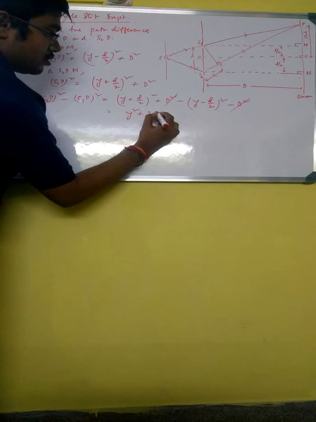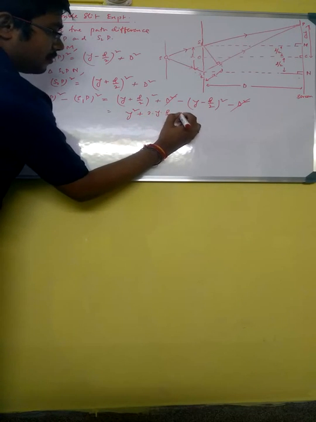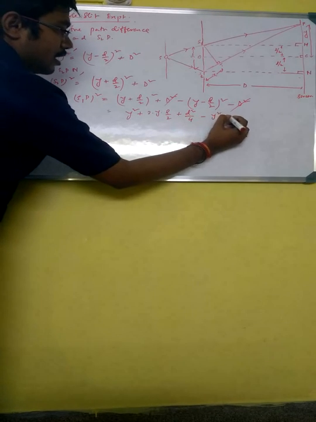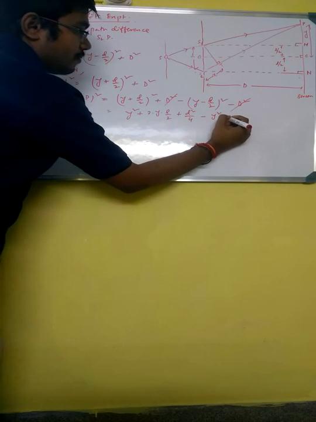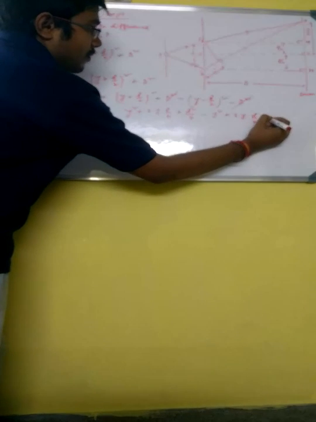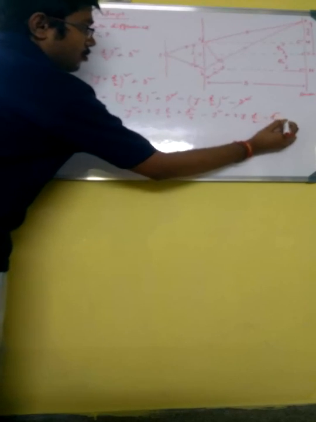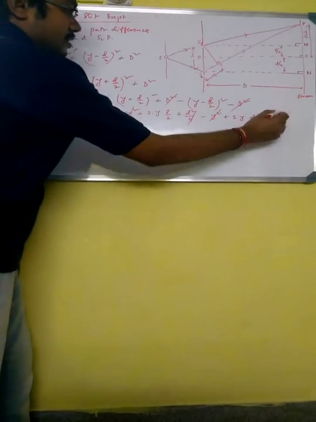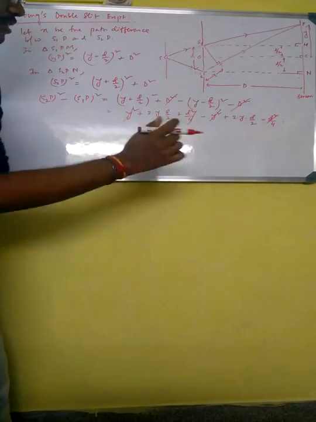Expanding, we get y squared plus 2 into y into d by 2 plus d squared by 4 minus y squared plus 2 into y into d by 2 minus d squared over 4. The y squared terms cancel, the d squared by 4 terms also cancel.